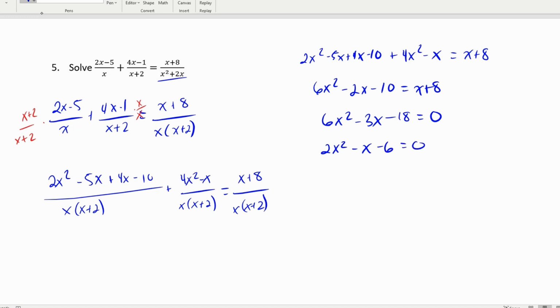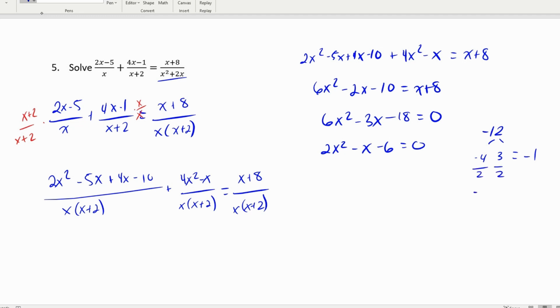Let's see if this can get factored. 2 times negative 6 gets me negative 12, and I need to make a negative 1 for the b term. So I could use negative 4 and positive 3. But since my a term is 2, I need to divide both of those by 2 and simplify.